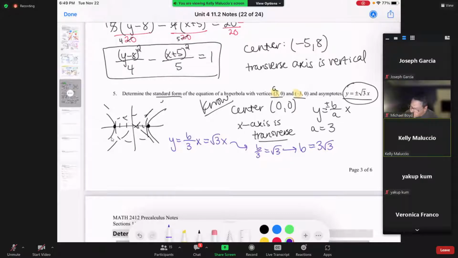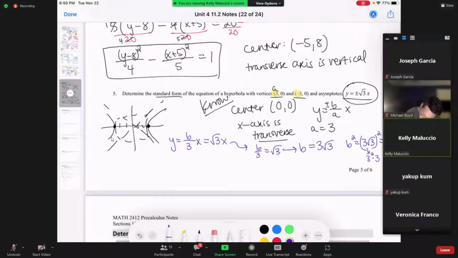And in order to write this equation, we're going to need b squared. So 3 root 3 squared is 9 times 3, so it's 27, right? Because this is 3 squared times 3. And so we're getting really close, because we have b squared.